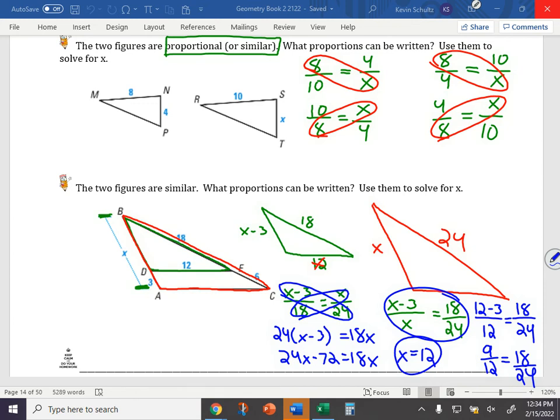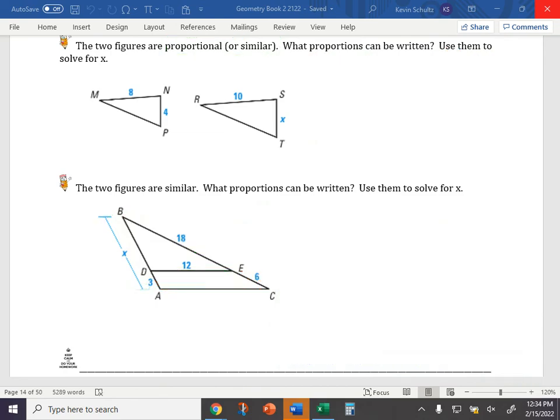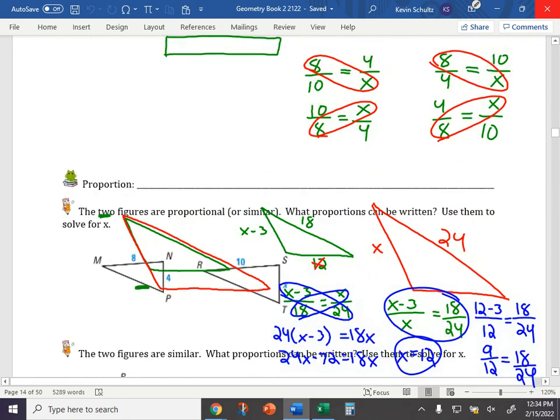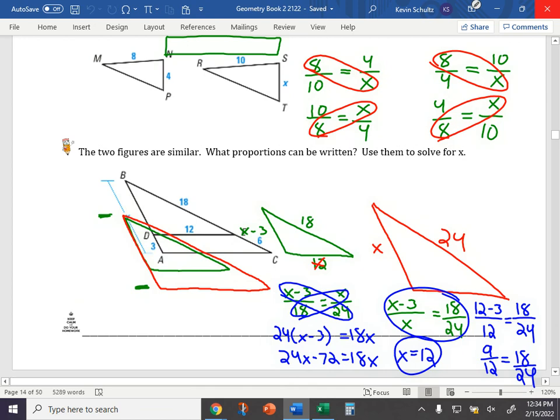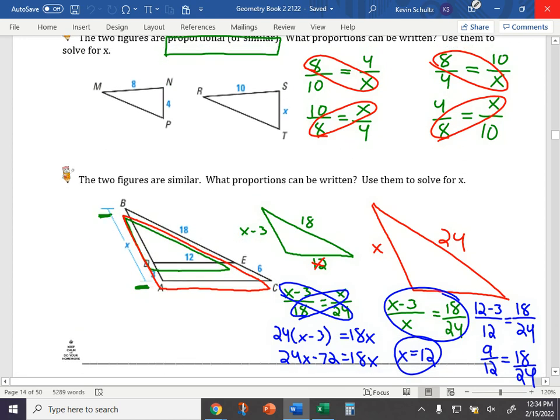Okay. Your assignment then for tomorrow. Let's see what 6-1 and 6-2. I have 2 sections to choose from. That's exciting. 6-1 and 6-2.